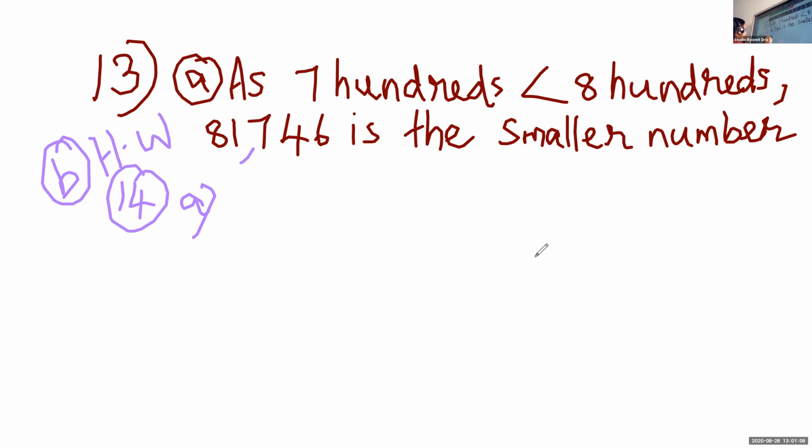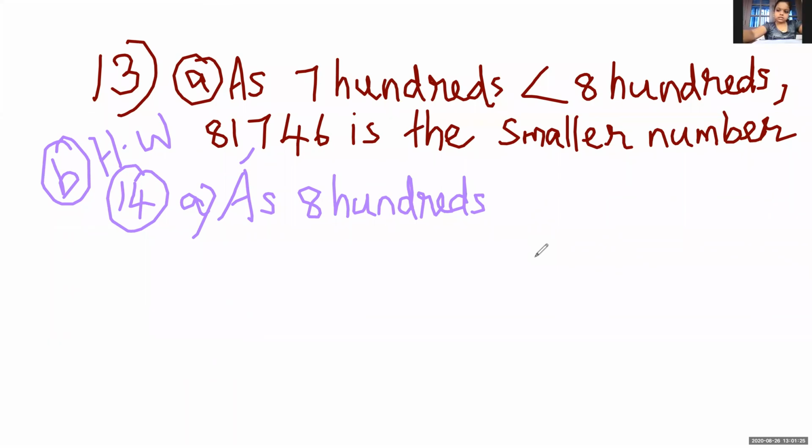We are going to compare which place, tell me the step, as 8 hundreds, 800, less than or bigger than 5? 8 hundreds greater than 5 hundreds. Which is the greater number, Varada?